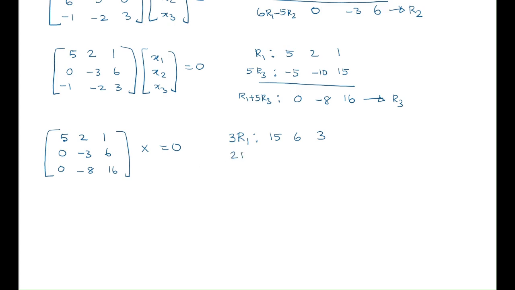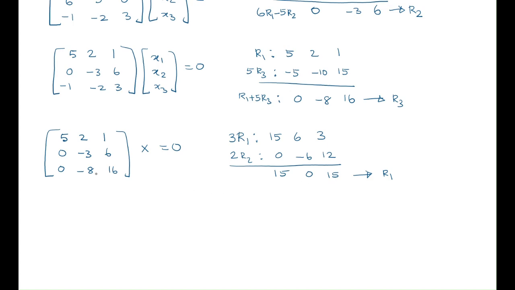So 2 times R2 I will have 0, minus 6 and 12. When we add these, I have 15, 0, and once again 15. Let us replace this with R1. So the new value of R1 will become 15, 0, and 15.